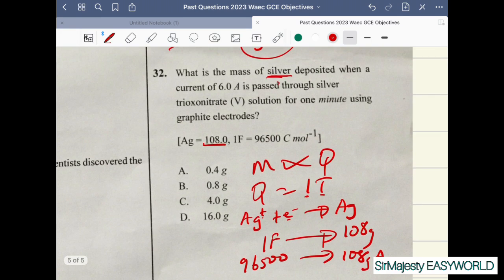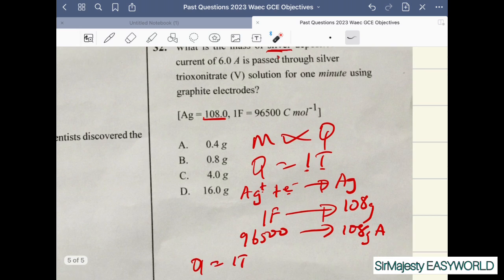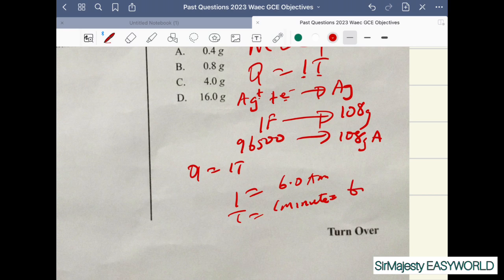From the question, the current given is 6.0 amperes, while the time given is 1 minute. They said pass through silver trioxonitrate for 1 minute. So how many seconds are in 1 minute? Our current here is 6.0 amperes, while time in seconds is 1 minute, and 1 minute is equal to 60 seconds.